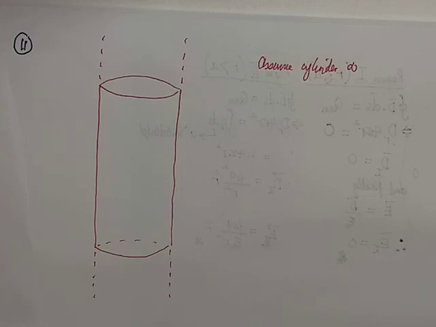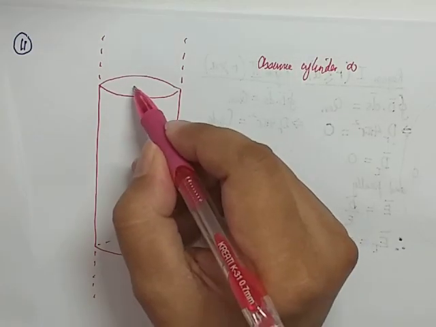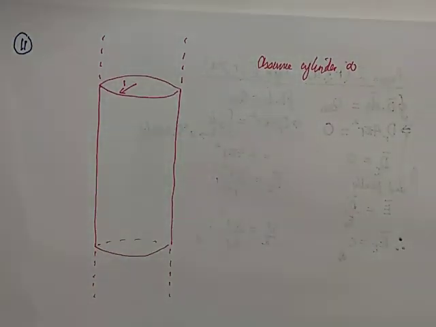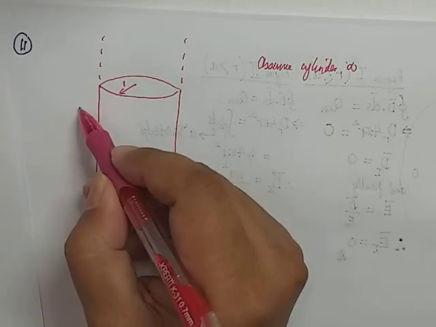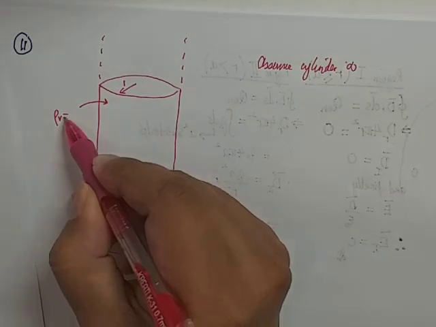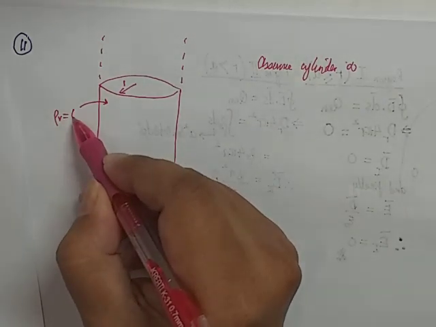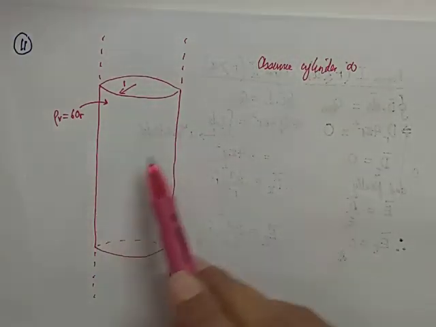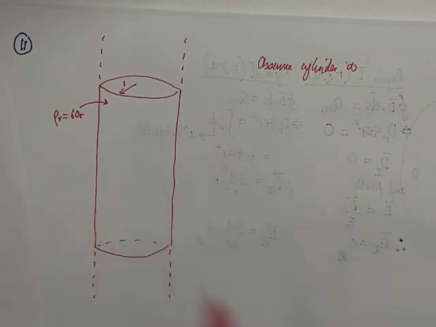And then the radius r equal to 1, so I'm going to give this r equal to 1 meter. What is given here is the volume charge, rho v, equal to 60 r Coulomb per meter cube. This rho v only resides inside this cylinder. There's no rho v outside. So find D everywhere.